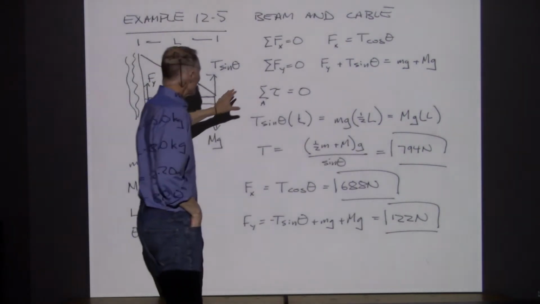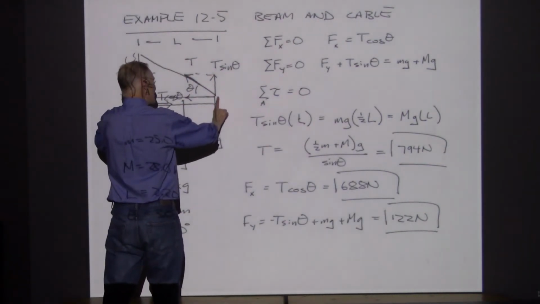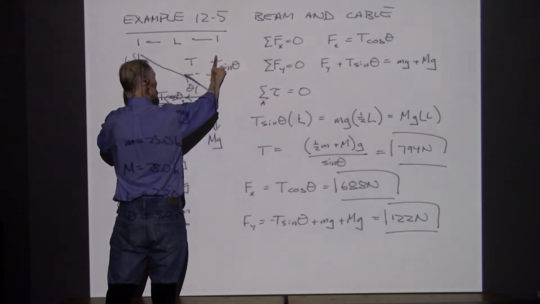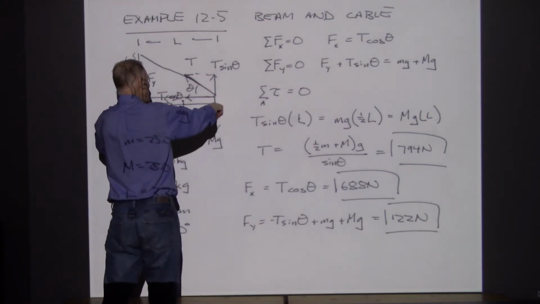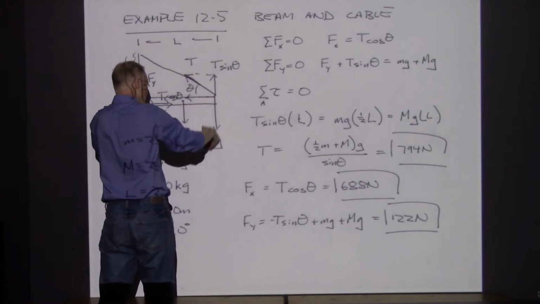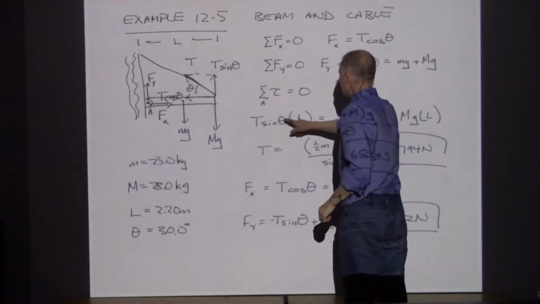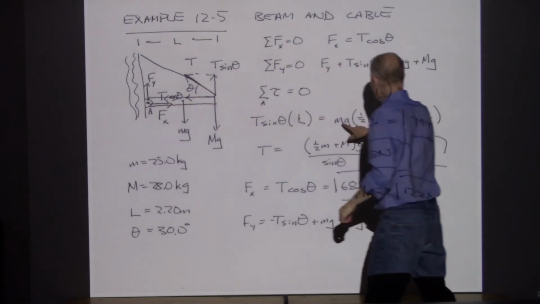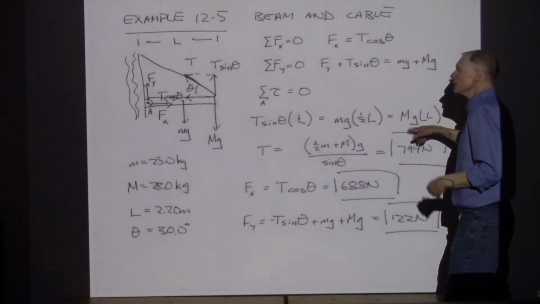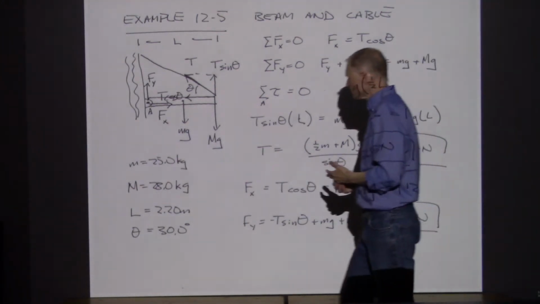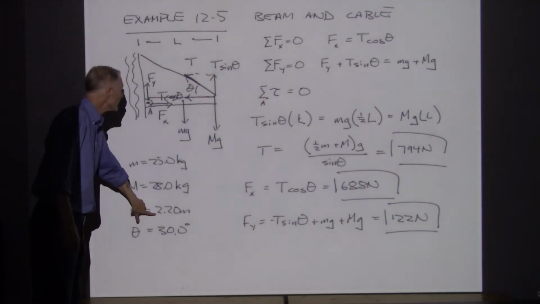So when I write down the torque equation, T sine theta is generating a positive torque. Mg and big Mg are generating negative torques. The torque coming from T sine theta has to balance out the torque from mg and big Mg. Now I can look at the lever distances. The length here was given as 2.20 meters.